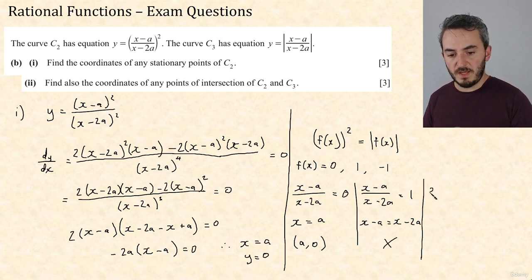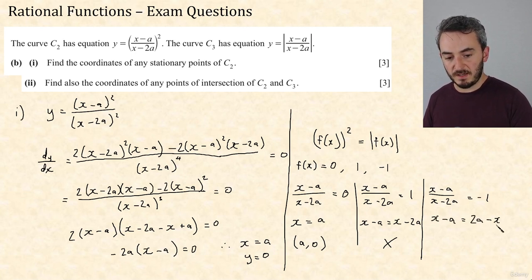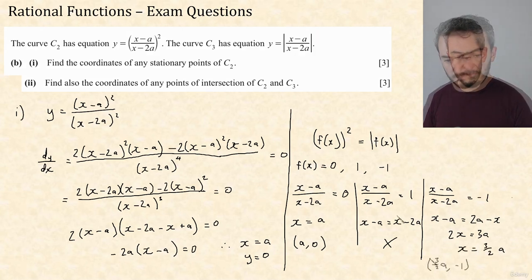The final one, x minus a over x minus 2a equals minus 1. Well, that implies that x minus a equals 2a minus x. And this one does give us solutions. Add x to both sides, we get 2x. Add a to both sides, 3a. So x equals 3 over 2 a, and of course y is minus 1.